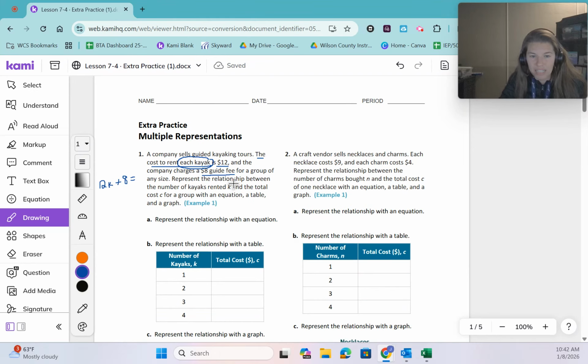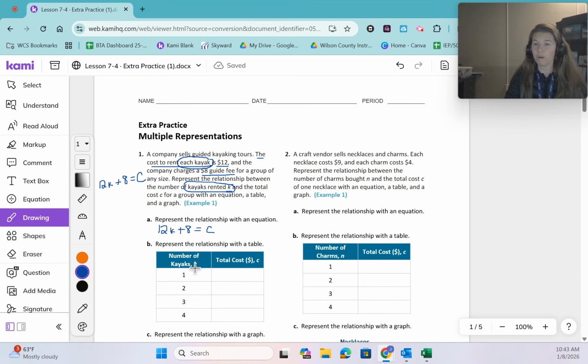It tells us to use K as our variable here, and that amount will equal the total cost for the whole group. So $12 per kayak, so 12K, plus the $8 guide fee is going to equal the total amount the group will owe altogether. So that is your equation: 12K plus 8 equals our total cost.